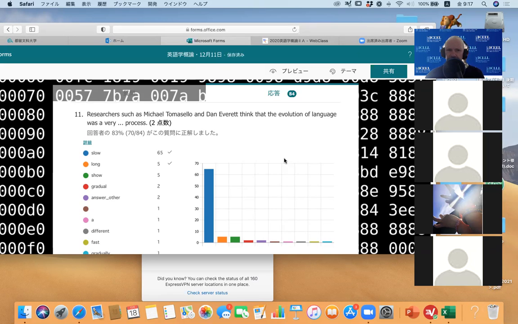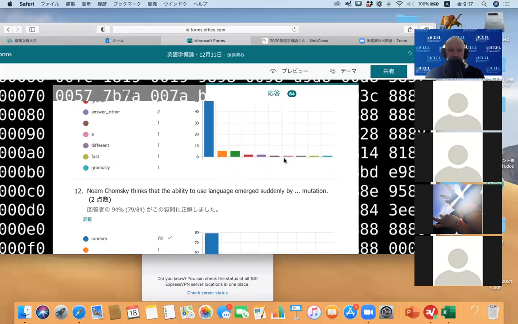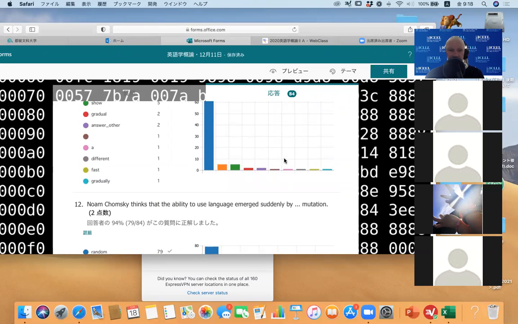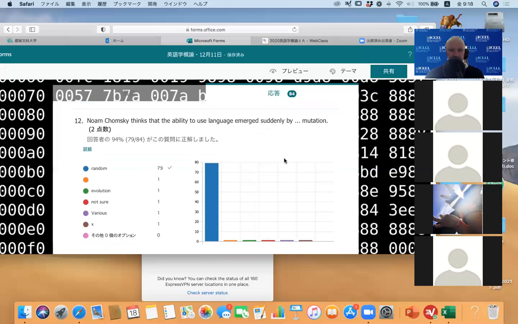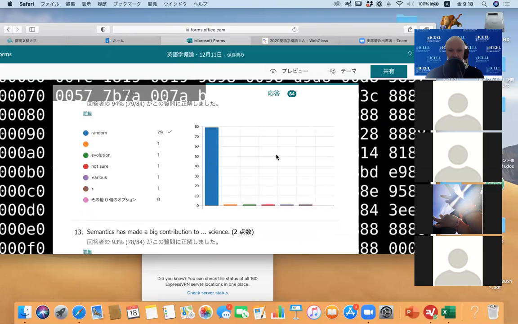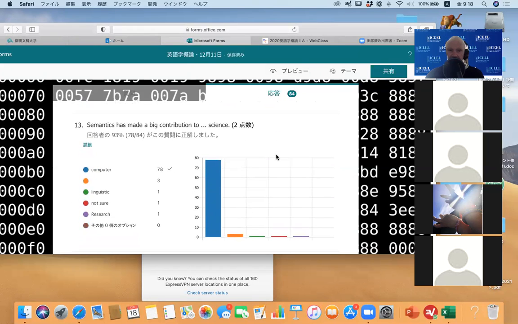That's what he thinks. And everybody else says that's impossible. It must have been very, very slow and very gradual over millions of years, really. Not thousands of years, millions. And Noam Chomsky thinks that the ability to use language emerged suddenly by random mutation. That's right. Doing a bit of a review here.